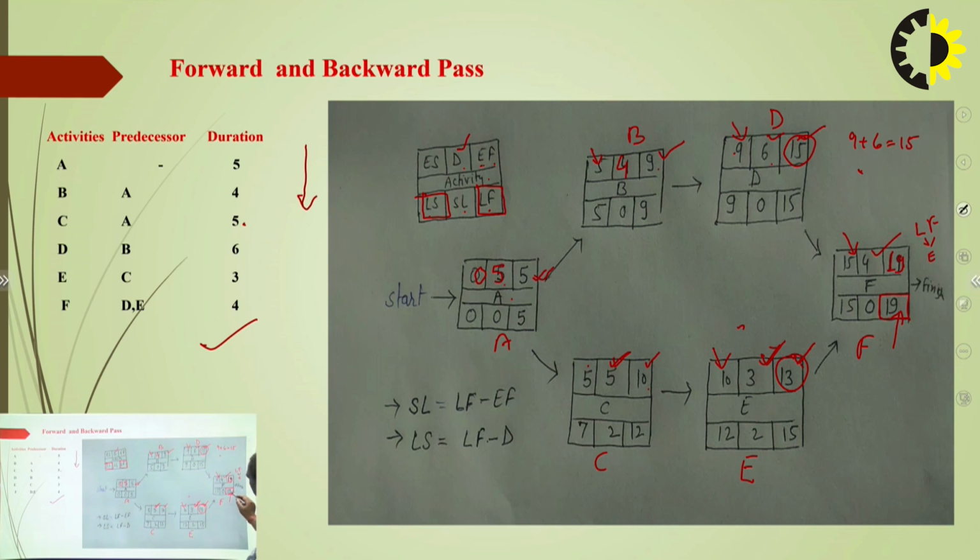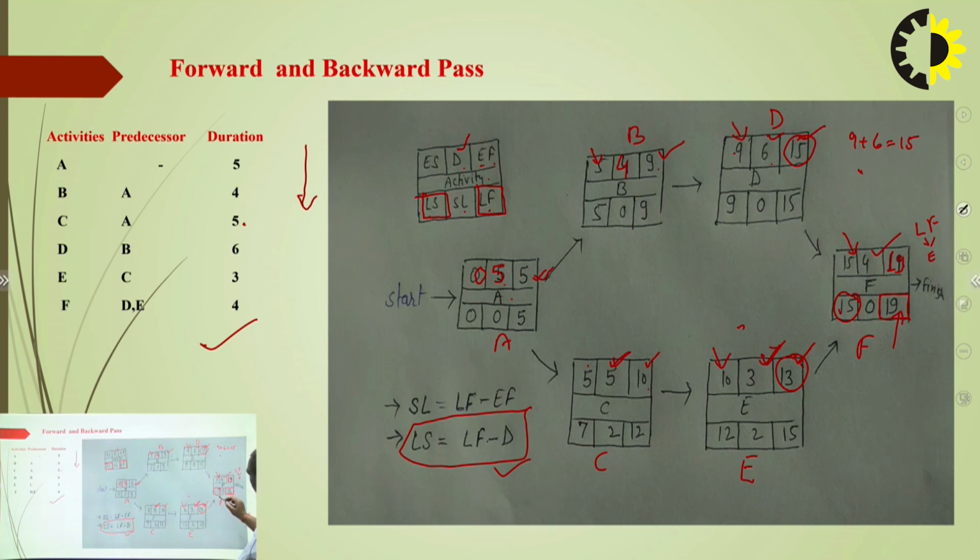We can calculate the value of LS with the help of this formula: LS is equal to LF minus duration. Latest start is equal to latest finish minus duration. 19 minus 4 is 15. So with the help of this formula, we conclude the latest start.